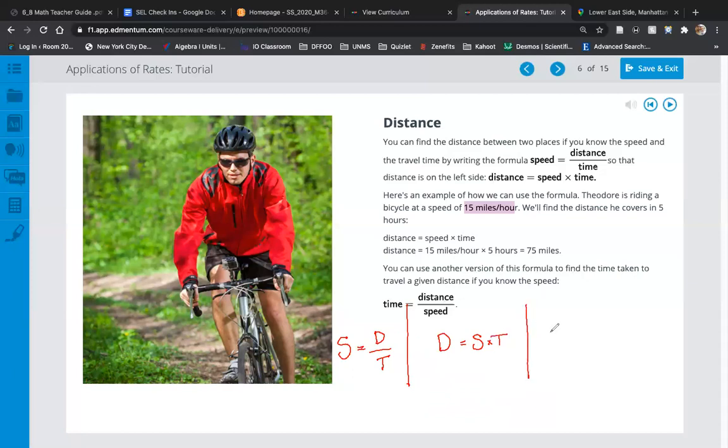And the last one right here is that your time is equal to the distance divided by how fast you went. Again, they all kind of stem from this relationship here, but based on your understanding of some simple algebra concepts, it might be hard to figure out how you actually get these or why they're the same. But for now, just focus on using these.